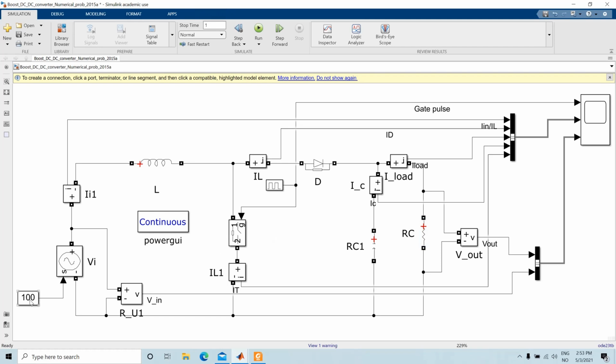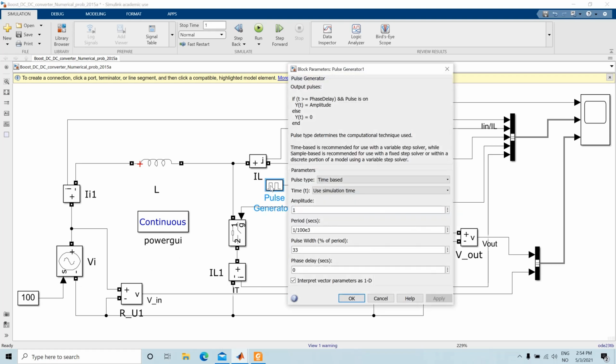Our input voltage is 100 volt, and our output voltage should be 150 volt. So our duty cycle, the pulse generator, is 33%, or the duty cycle is basically 0.33.